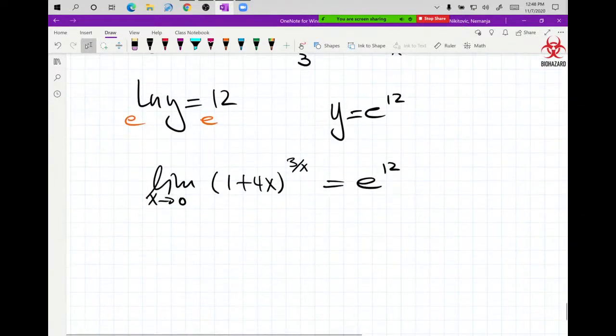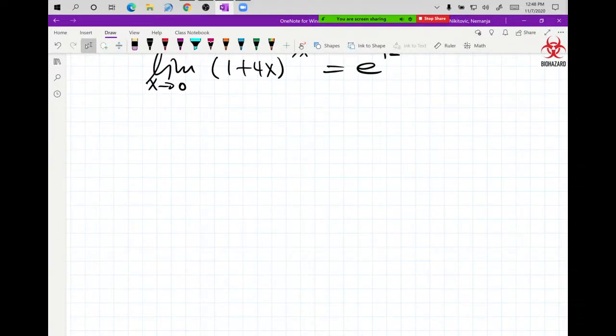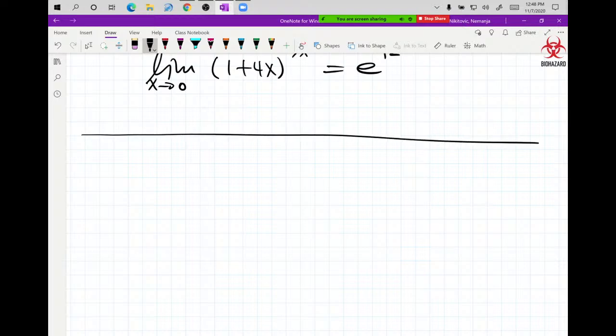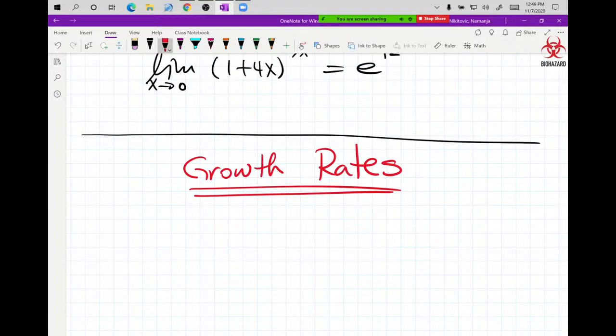So what is left? The only thing that is left is to talk about the ordering of these functions, meaning growth rates. And I'm going to really emphasize growth rates.